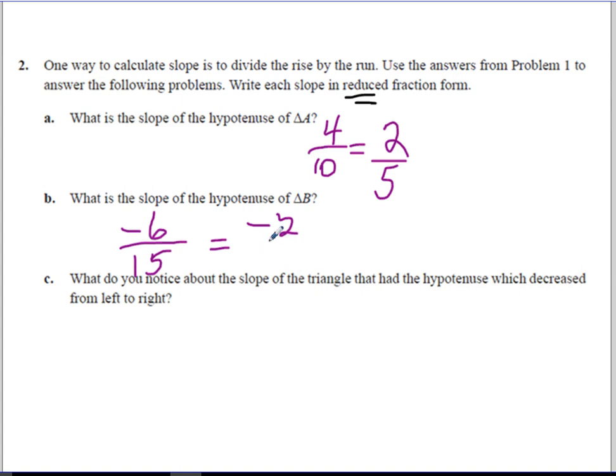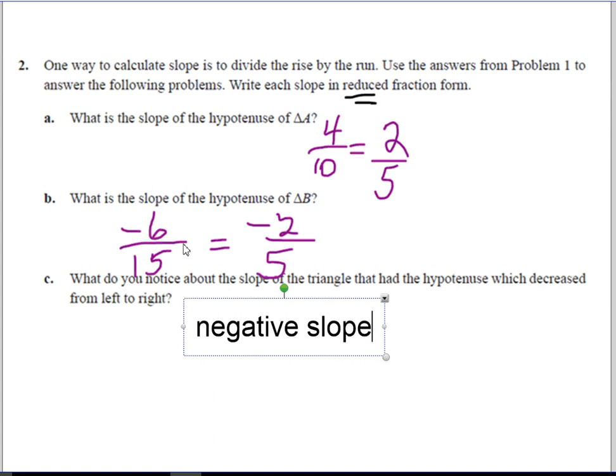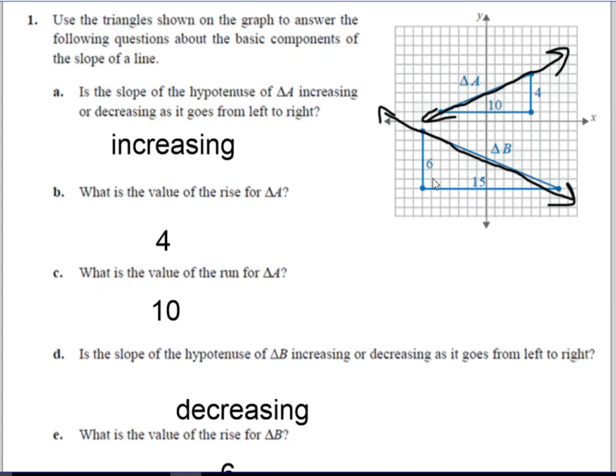For the triangle that was decreasing from left to right, we have a negative slope. So when you have a line that is decreasing from left to right, you will have a negative slope.